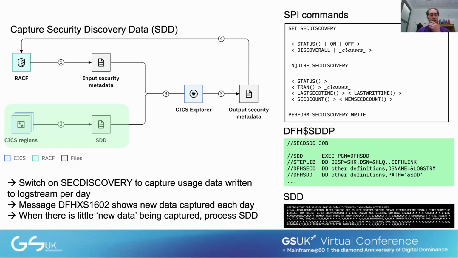The data is written out to a log stream. It's written out when CICS shuts down, or at end of day, or on demand using the perform command.